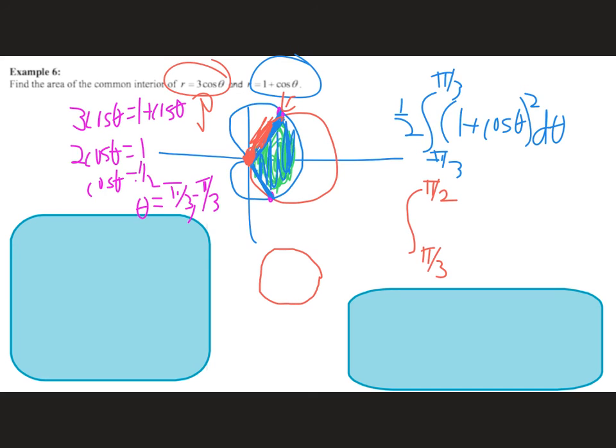So pay attention to how that's drawn. From pi over 3 to pi over 2, that can get me that part. So that'll be 3 cosine theta squared d theta. That'll get me this part. But I want this part also, and those are the same, so I can double those. If I go ahead and do that on my calculator, I will get 3.927. Process what I did, see if that makes sense, come with questions.